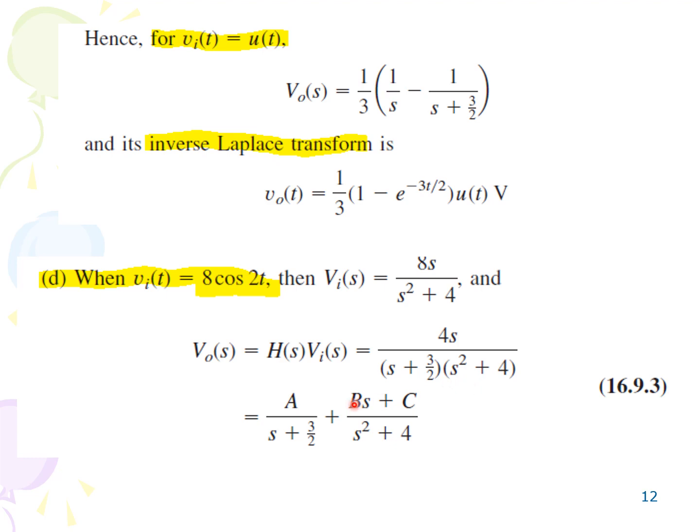Now this can be solved by using partial fractions. So A divided by s plus 3 by 2, and then we have the s square plus 4 term, which can be written as Bs plus C divided by s square plus 4. That is the method of partial fractions. Next we have to find A, B, and C. So let us do that.